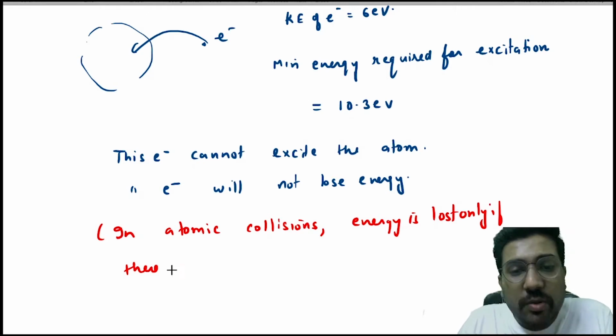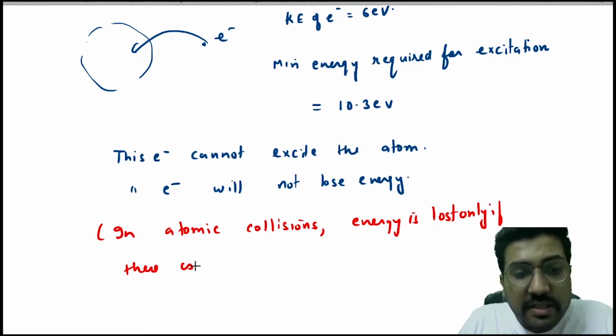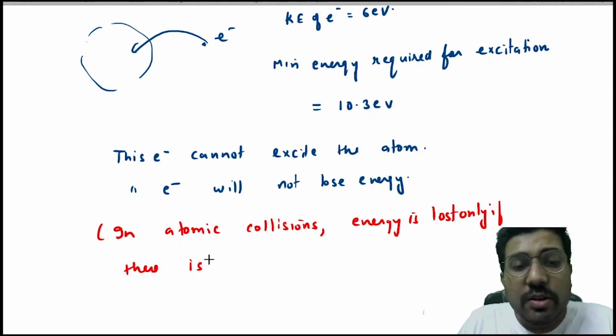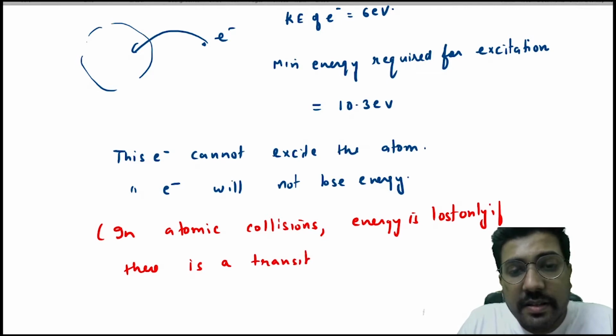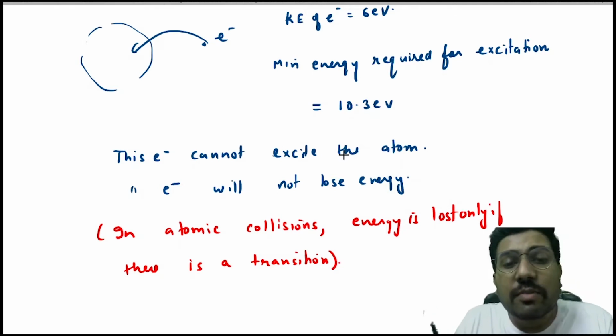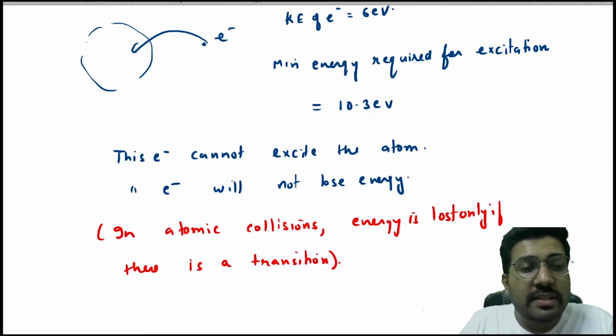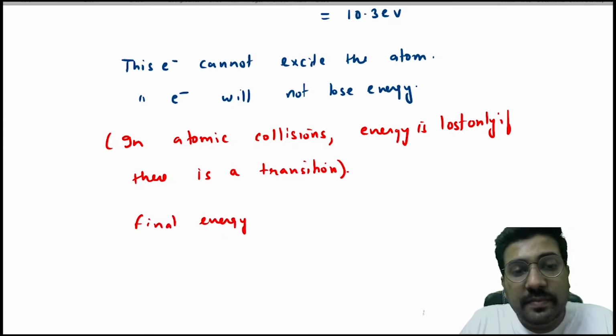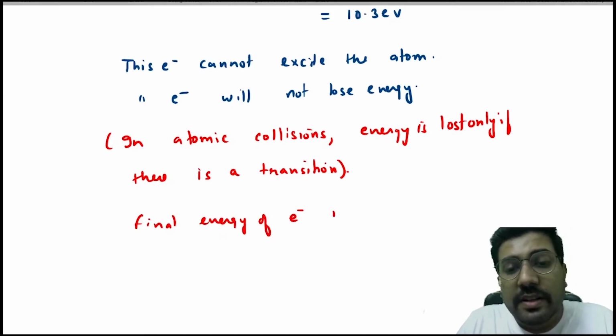This is a very important point that we will discuss again in atomic collision. Now in this case the transition is not possible, so the electron will not lose energy. So you will say that the final energy of the electron is 6 electron volt only.